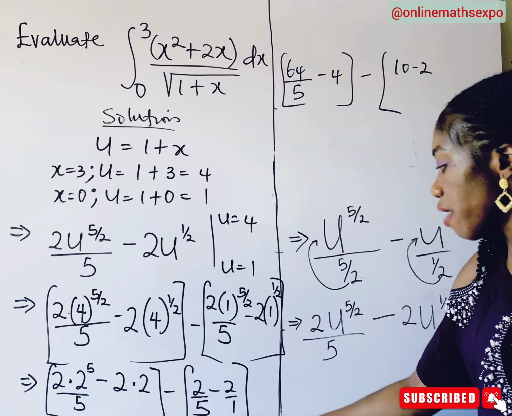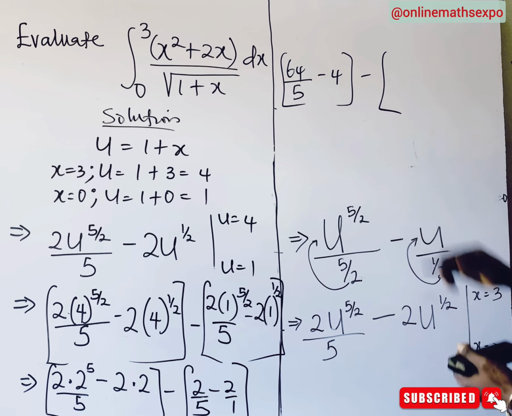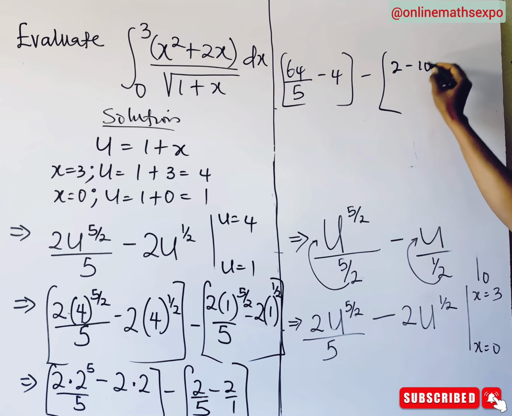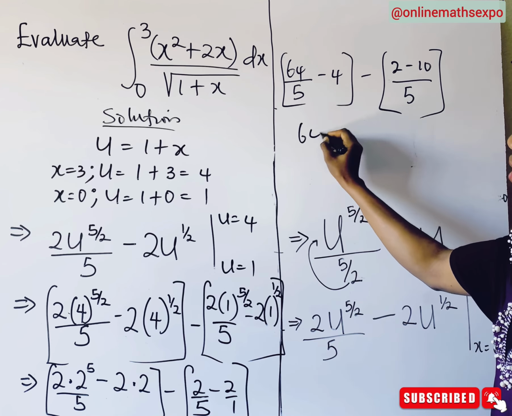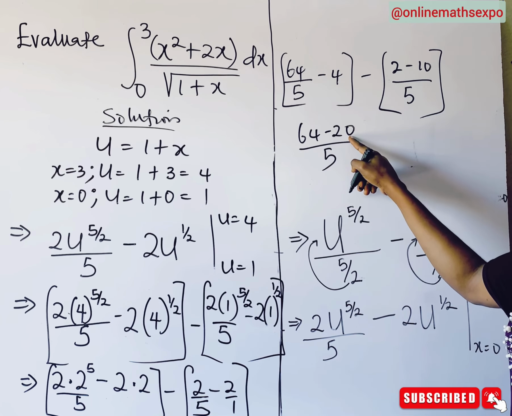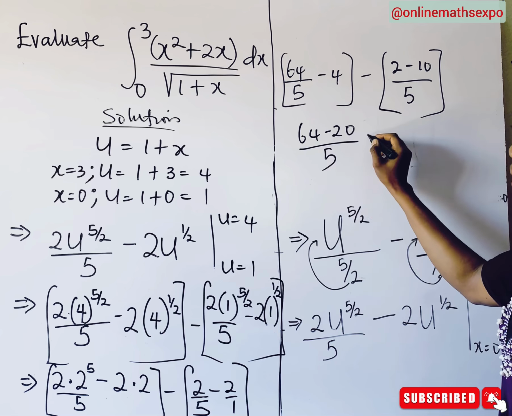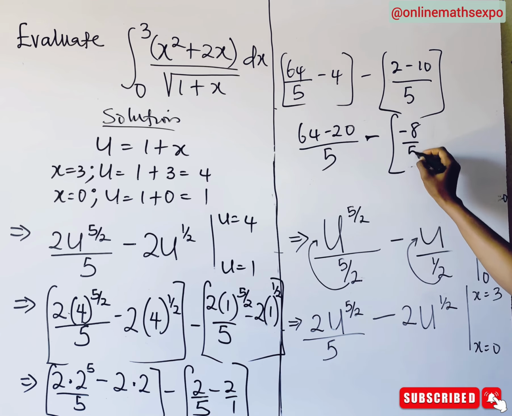So we have 2 minus 10 all over 5. In that case, simplify again, we have 64 minus 20 over 5. Use this to multiply, gives you 20 over the denominator. Minus, this will give us negative 8 over 5.